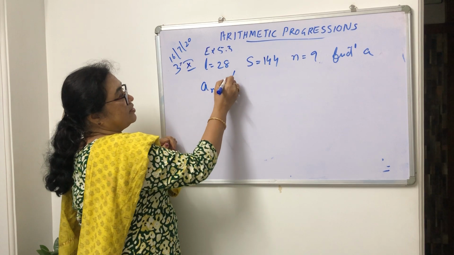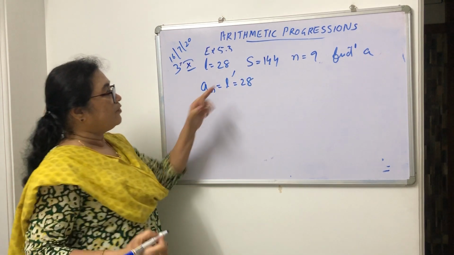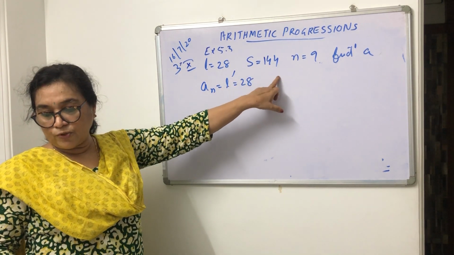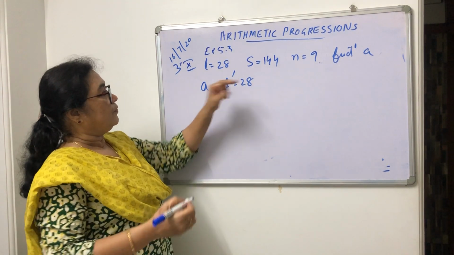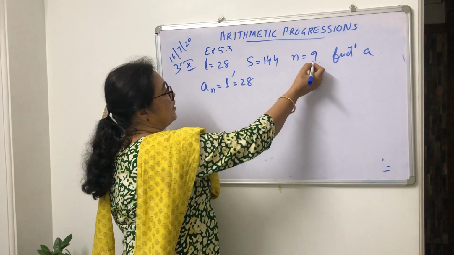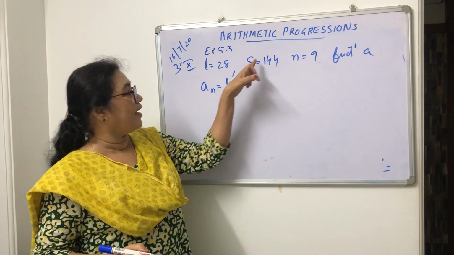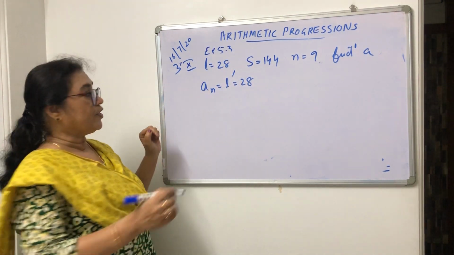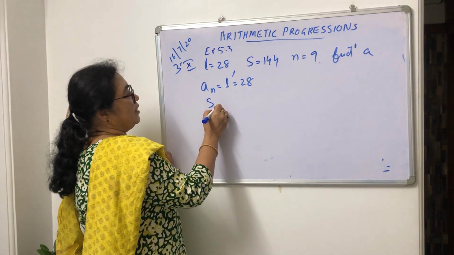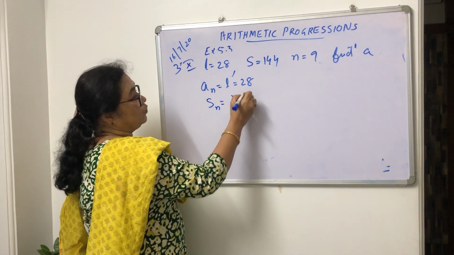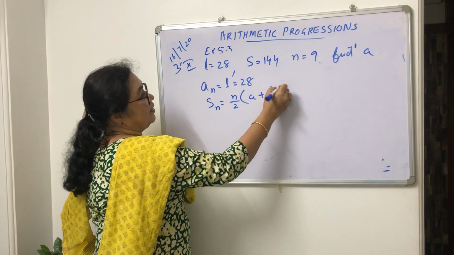AN is the last term, that is 28. Therefore this is Sn. Sn equal to 144. N is 9, so this is S9. So you can write down the formula Sn equal to N by 2 A plus L.